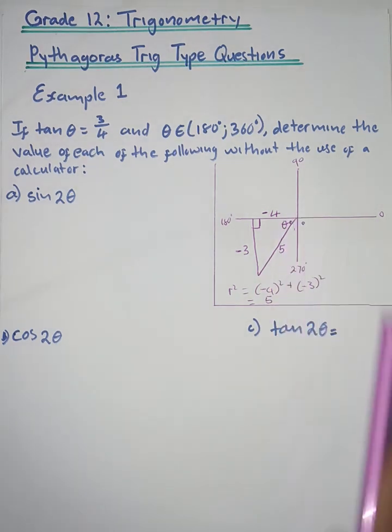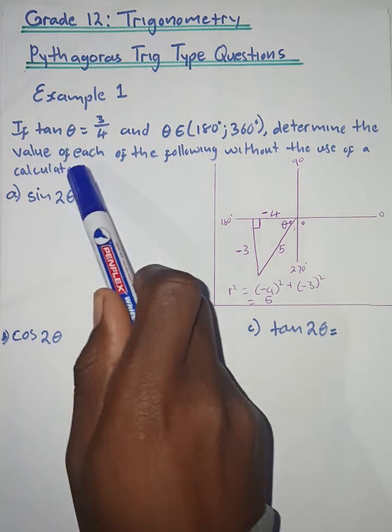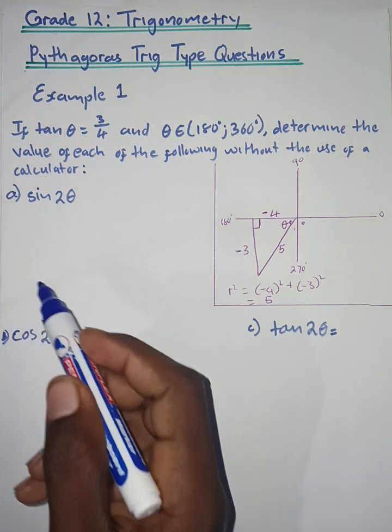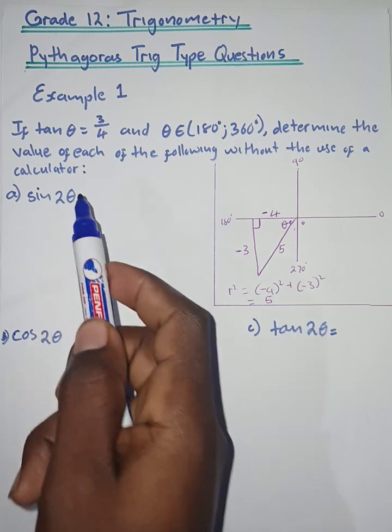Now they say determine the value of each of the following without the use of a calculator. In this case, what they want is the value, not theta. So what they want is just the ratio that you get. They say the value of sine 2 theta.